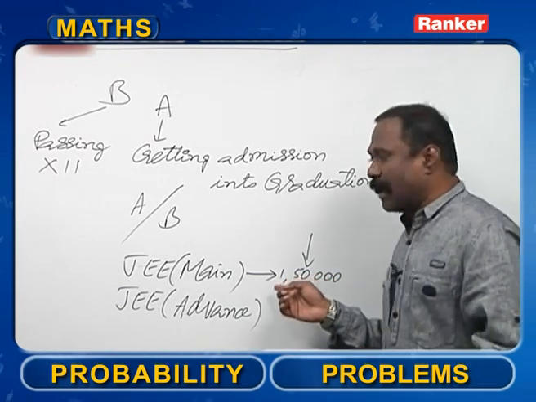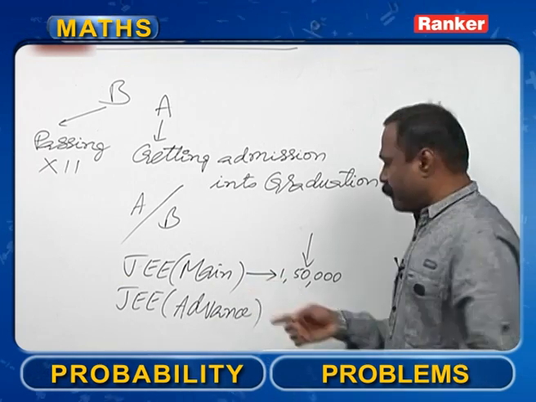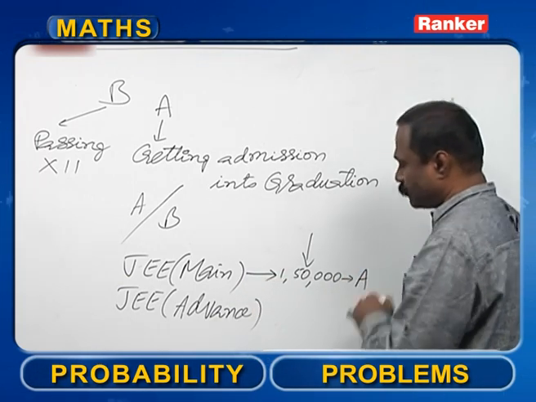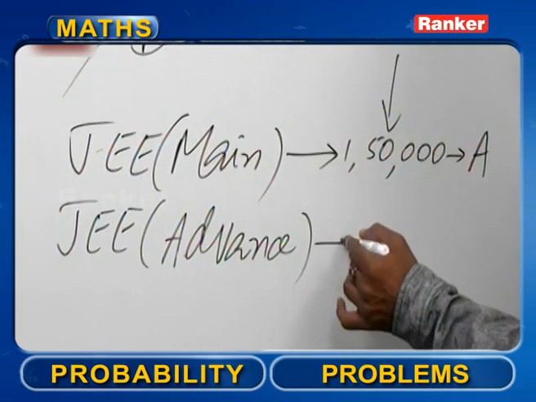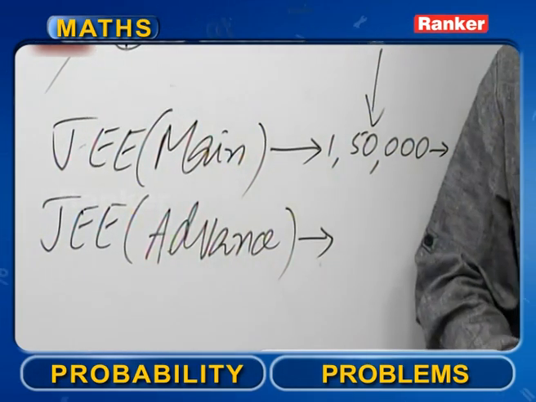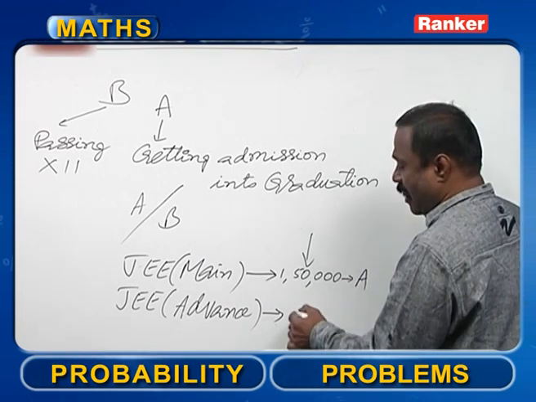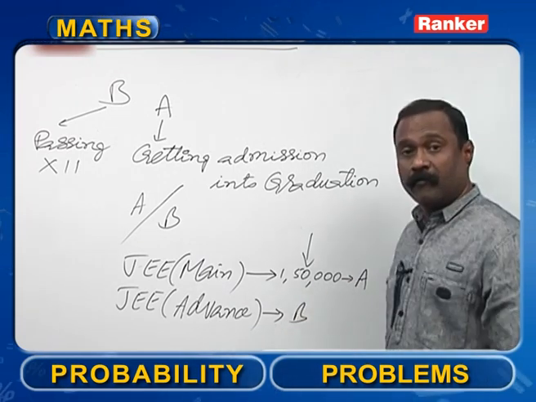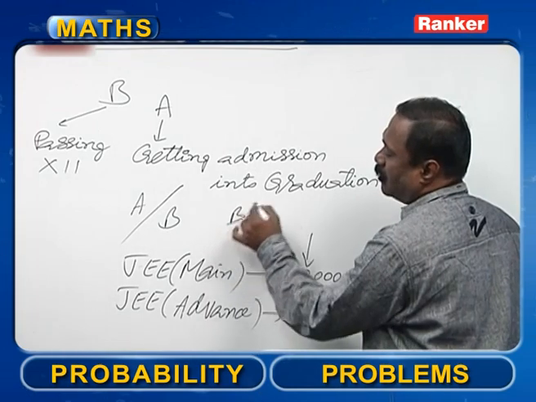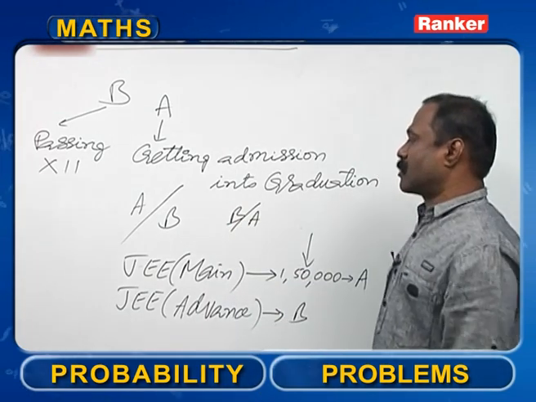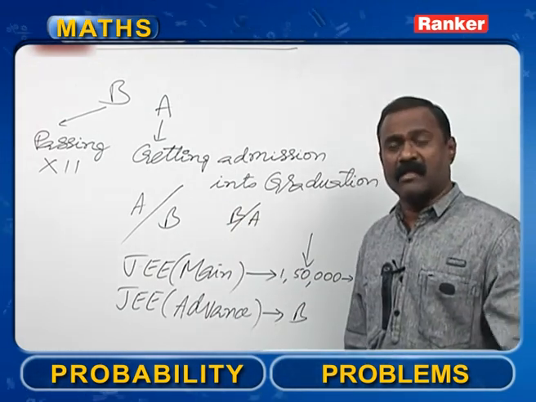So getting a rank in JEE Main, if you take it as A, then you are eligible to appear for JEE Advanced, which I say is B. For B to happen, A must happen first. Whatever is in the denominator must happen first.